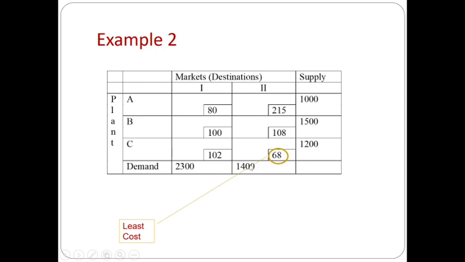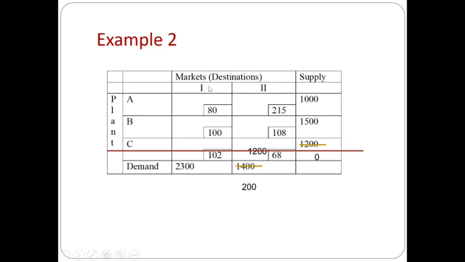Here 1200 supply and 1400 demand. So 1200 units can be allocated here, and the remaining unit here is 200, and here it will be 0, and we can just cross out the entire row.